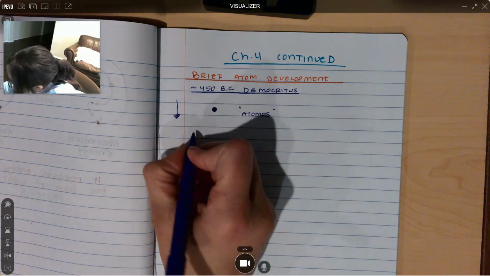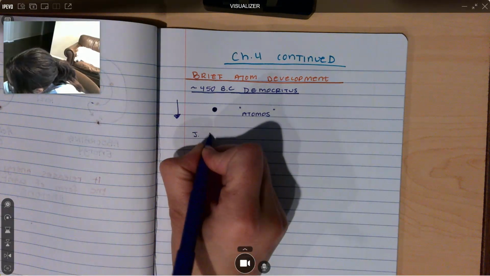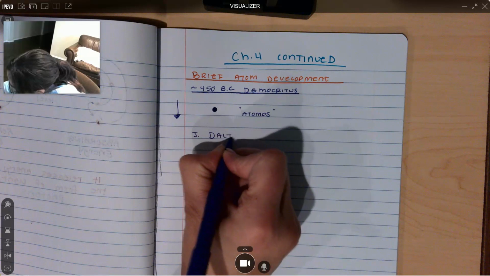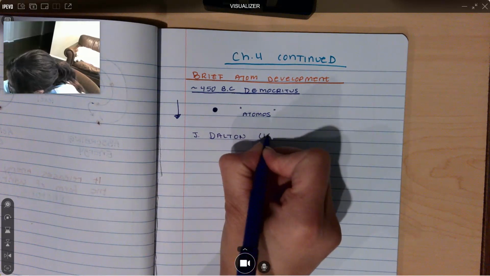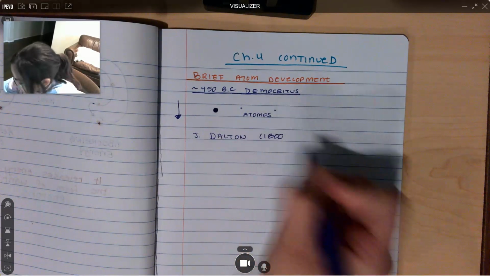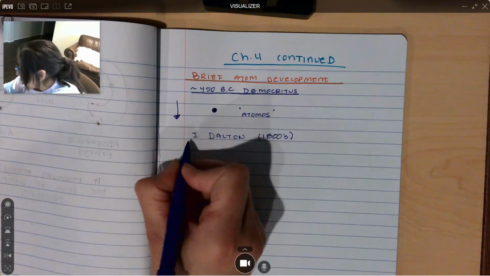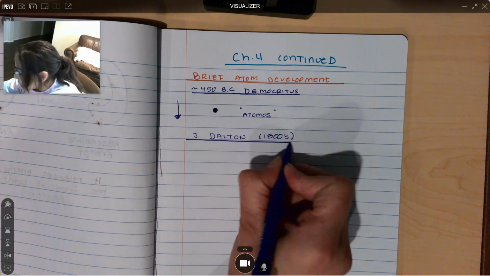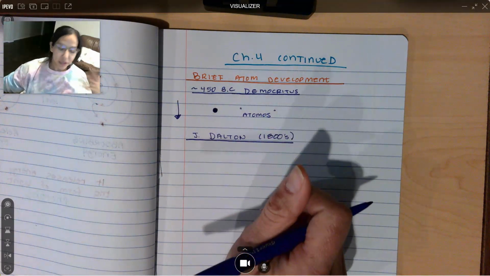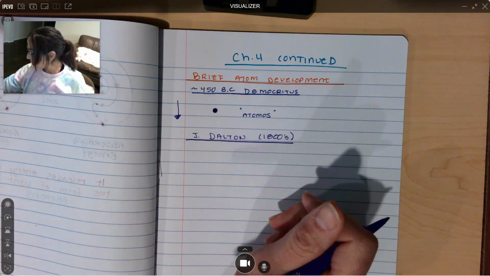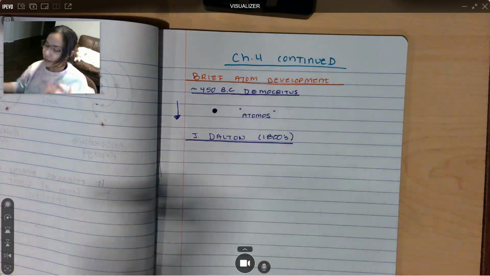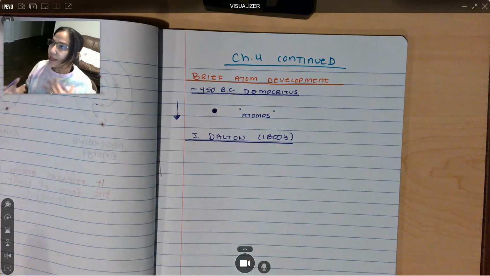So we have John Dalton, and he was about 1800s AD. John Dalton came up with the atomic theory. So in the atomic theory, he said all elements are composed of atoms.